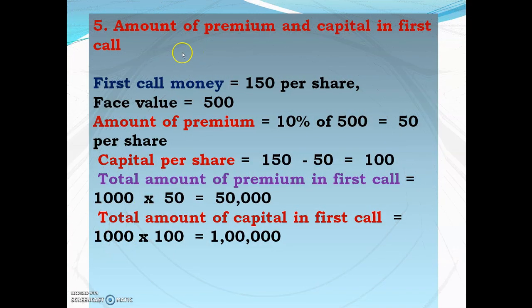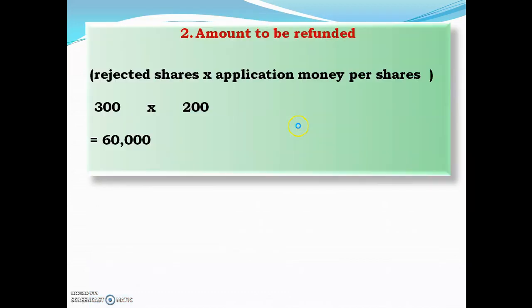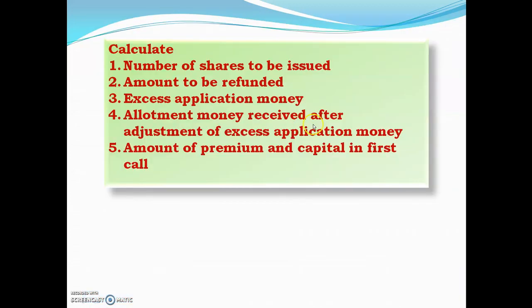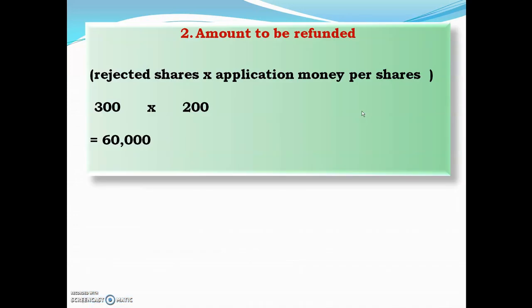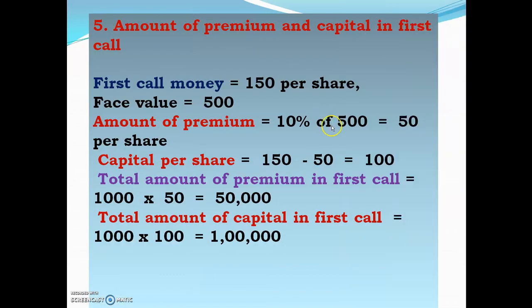Okay, now see the last one, that is the amount of premium and capital in first call. The first call money is 150 per share as given, and face value is given here as 500. So the amount of premium is 10% of 500, as they have given in the question, that is 10% on face value, which becomes 50 per share.